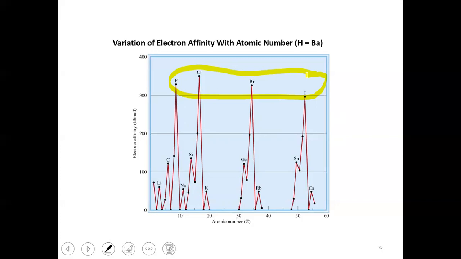Then you have the idea of how easily a particular metal loses electrons versus how easily the corresponding anion wants to gain electrons. And there's another aspect that we'll discuss in a future chapter, which is the actual stability of forming the compound itself. We'll talk about that in a separate lecture.